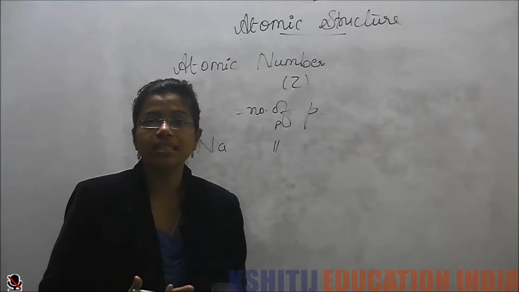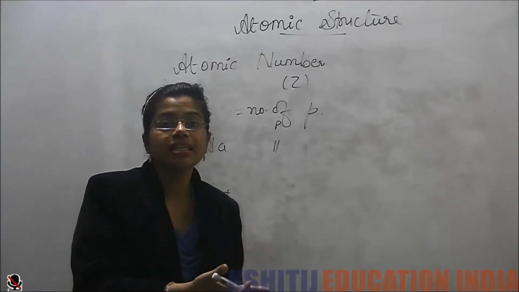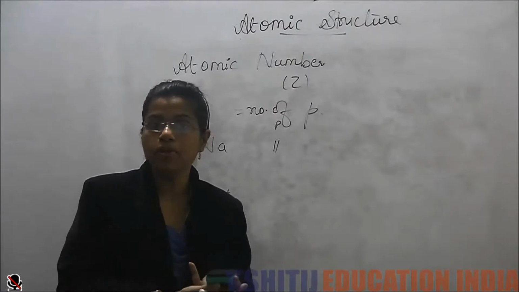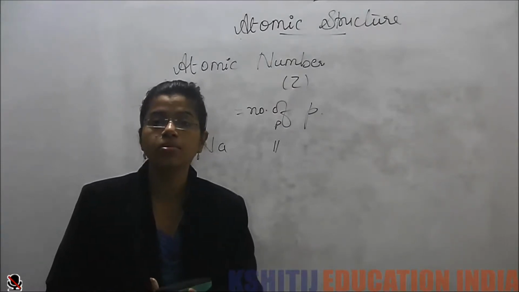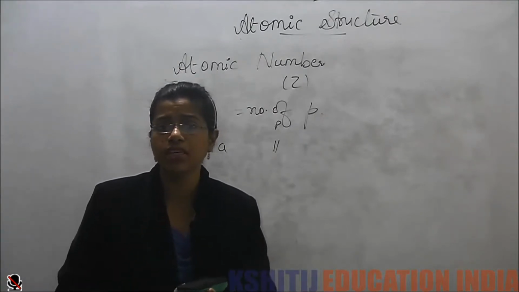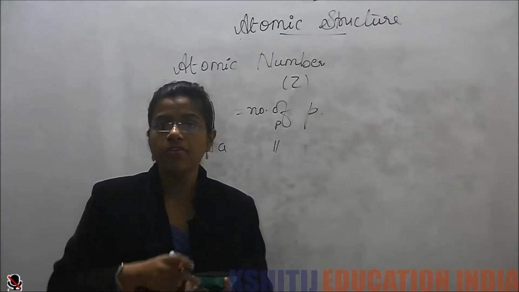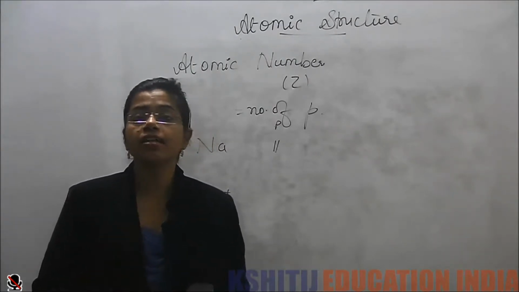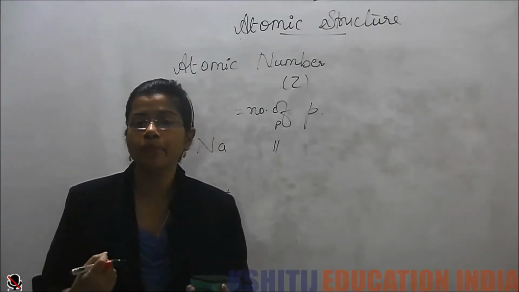So you can consider that the nucleus acts like a jail for the protons and neutrons. Protons and neutrons cannot move out of the jail, just like prisoners cannot move out of the jail on their own wish, right? Whereas the electrons revolving around the nucleus, you can consider them as the common people.